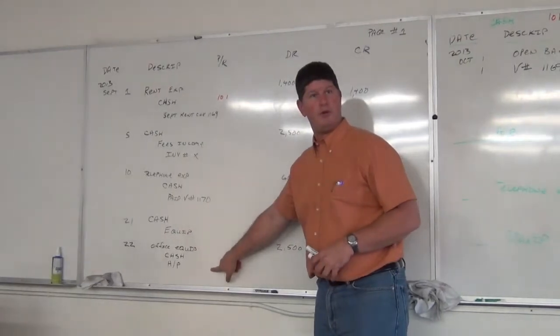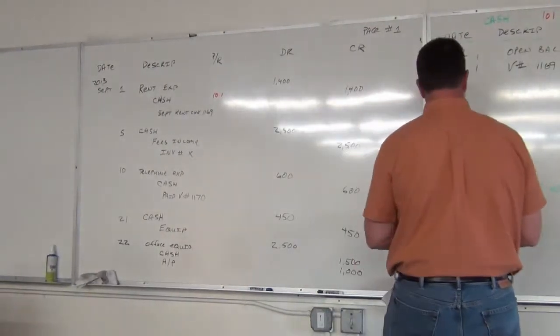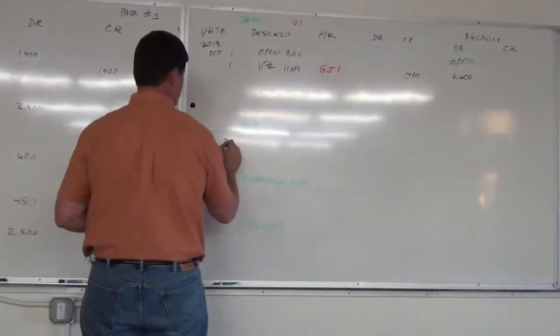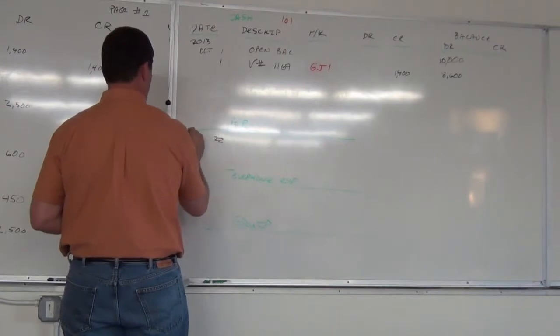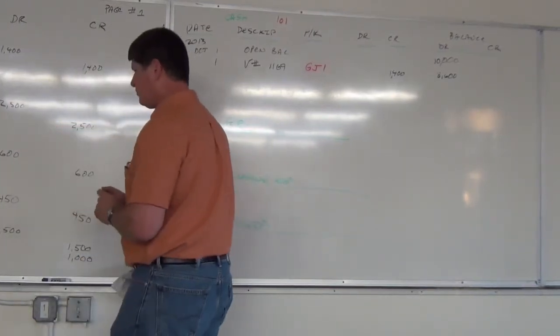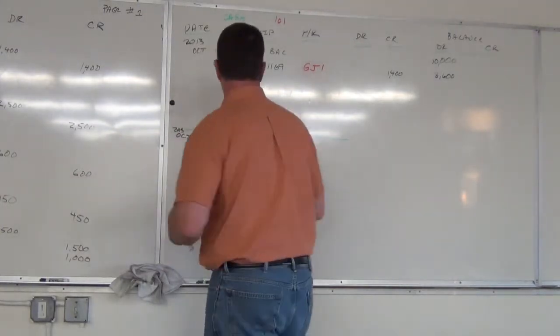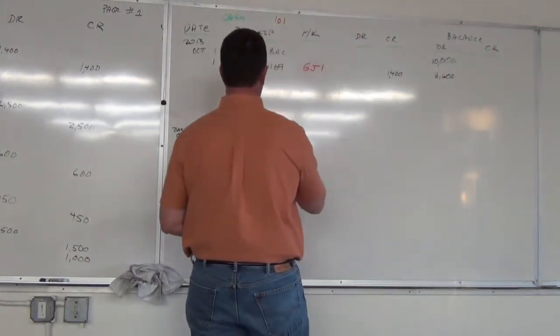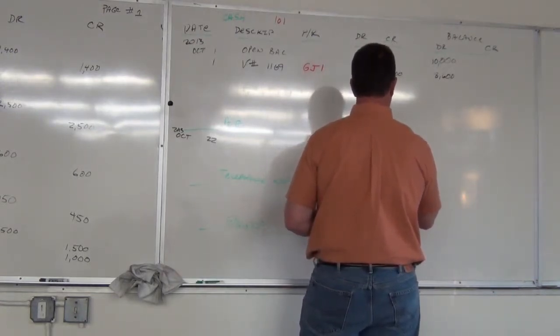In the equipment that we purchased. So on the 22nd, we have a credit to accounts payable for $1,000. So I'm going to come up here and put in a credit for $1,000.